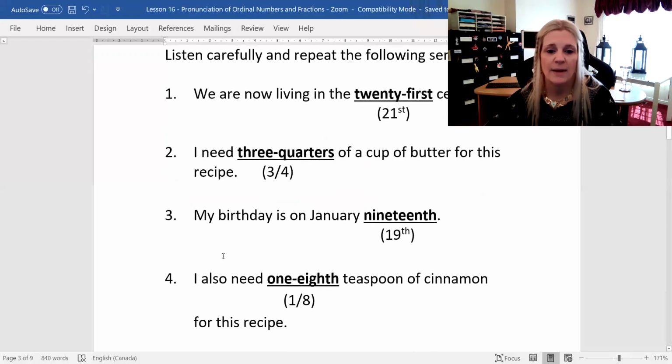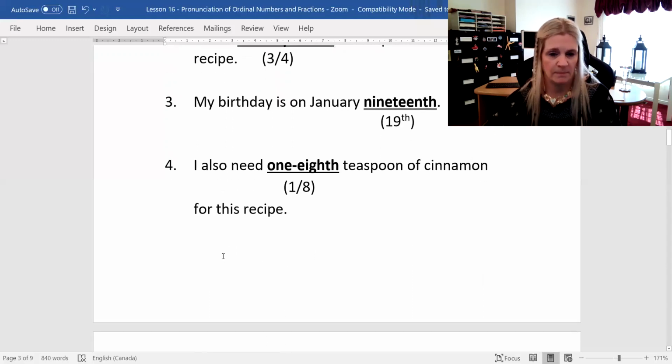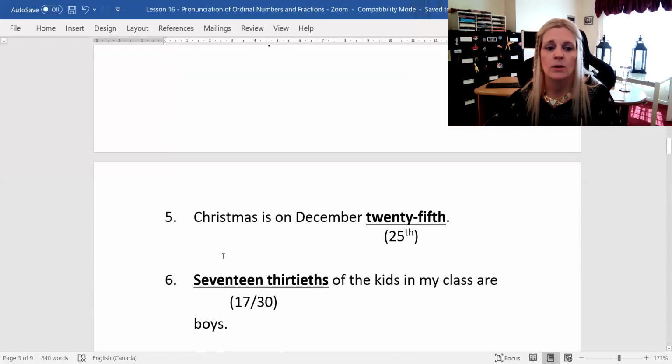My birthday is on January 19th. I also need 1/8 teaspoon of cinnamon for this recipe. Christmas is on December 25th.